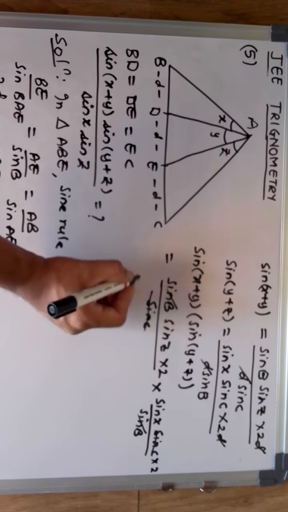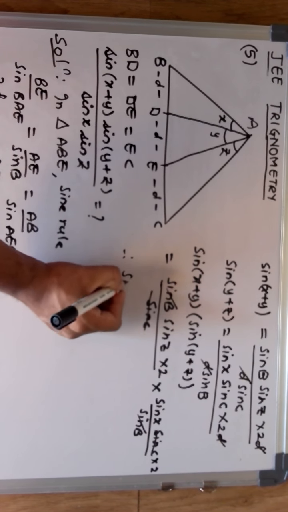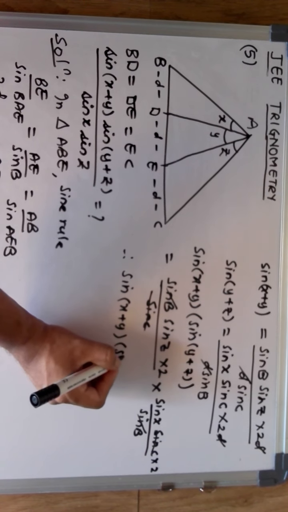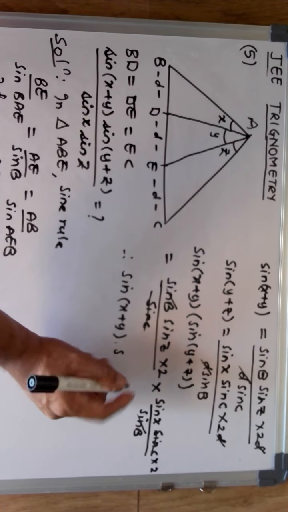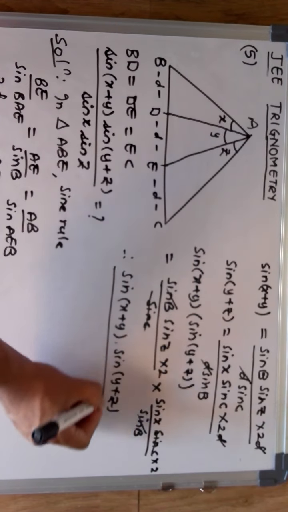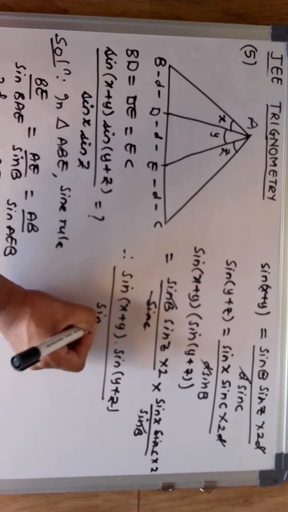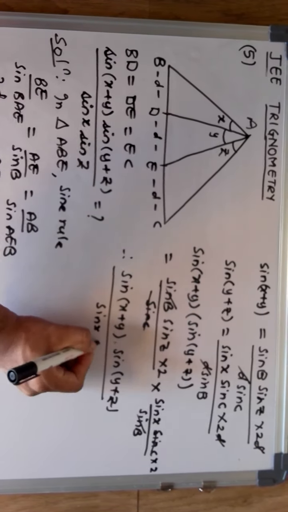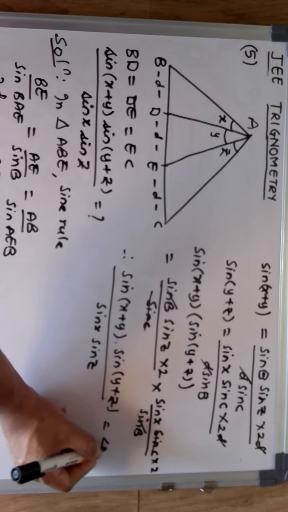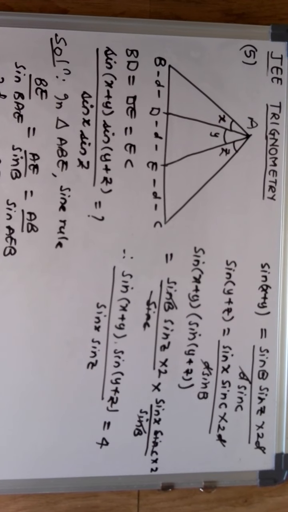So I get here sin x plus y into sin y plus z upon this sin x, which I am importing from that side, into sin Z is equal to 4. So you get a numerical value which is 4.